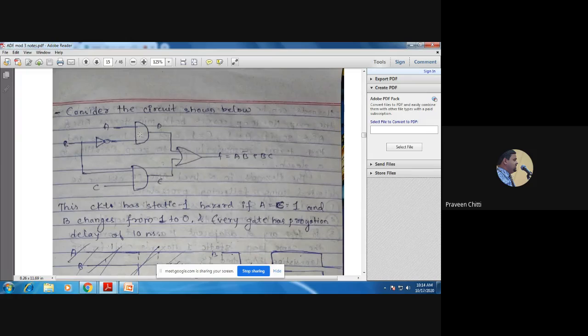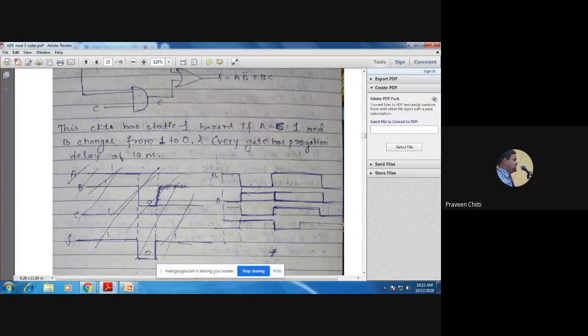That means one of the two AND gates will get both inputs as 1, and the output of this circuit F will always be 1, irrespective of the value of B, when A is 1 and C is 1. But momentarily the output of this circuit goes to 0, which can be explained here.